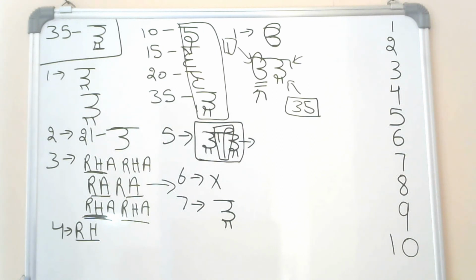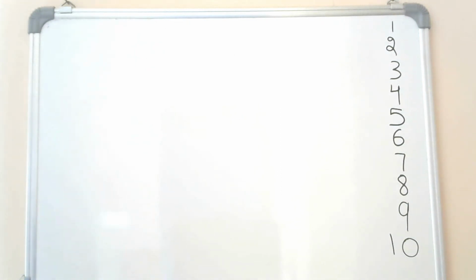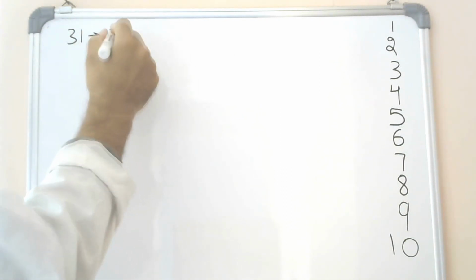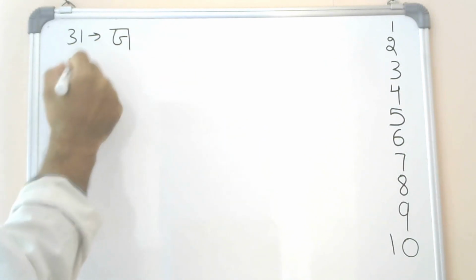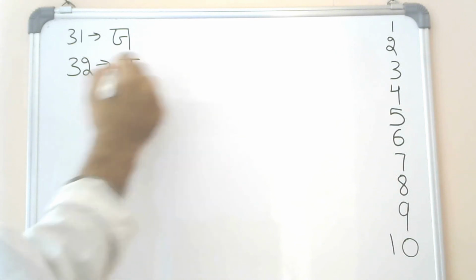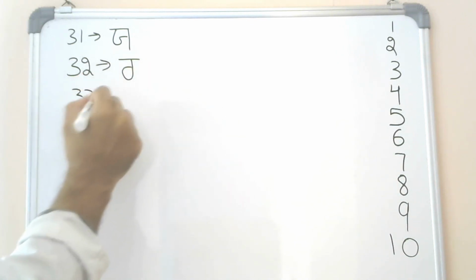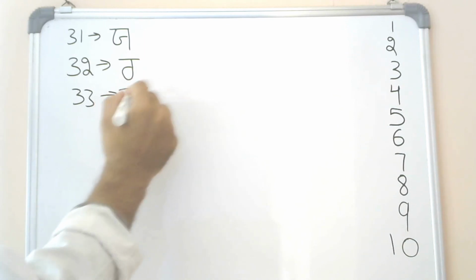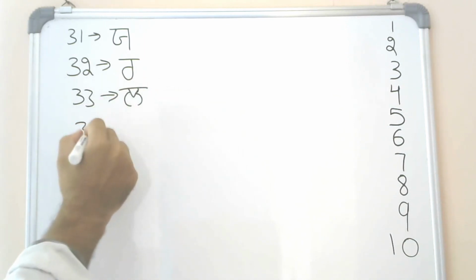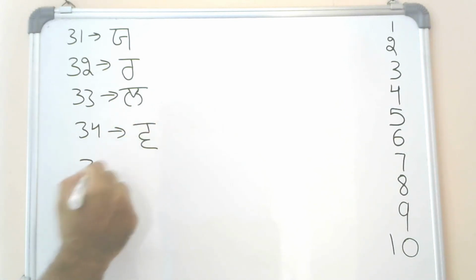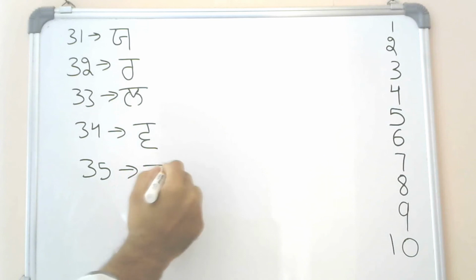Yeah, so we have covered 35 letters of Gurmukhi. Let's wrap this up. 31st letter was Yaya. 32nd was Rara. 33rd was Lalla. 34th was Wawa. 35th was Rara.